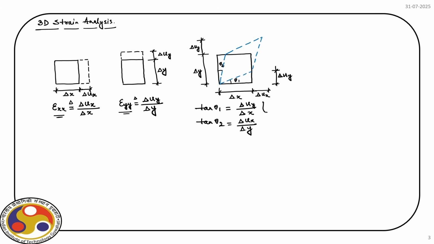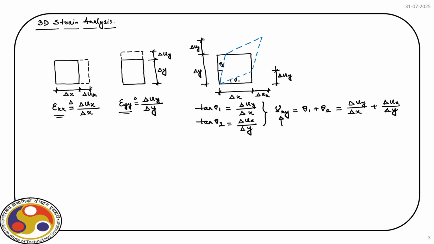Then, using these two, we can define the shear strain is equal to theta 1 plus theta 2, and for a small theta, obviously, tan theta equal to theta. So, we have delta u y divided by delta x plus delta u x divided by delta y. So, we have the shear strain from this deformed shape, right.